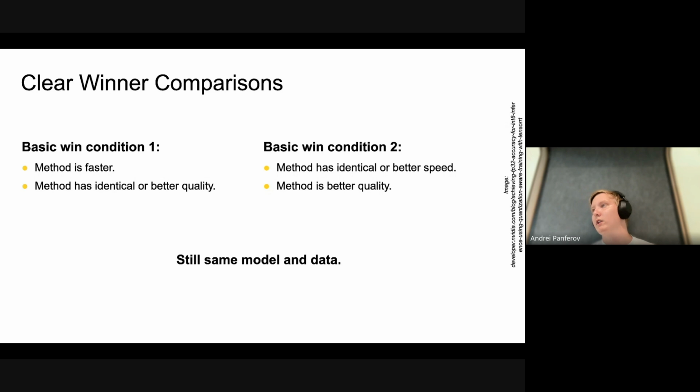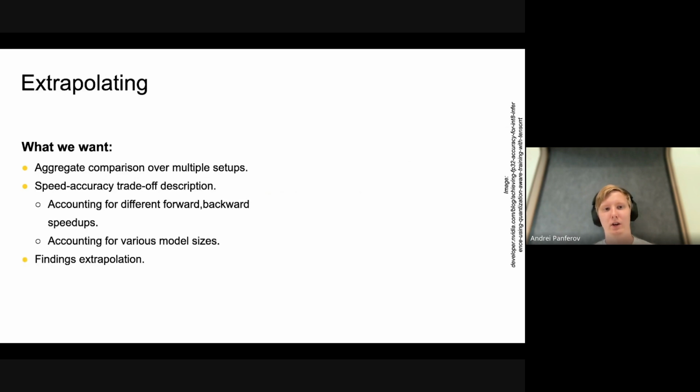And this heavily limits how you can build comparison between methods, because it's very often that different quantization training methods show both different accuracies of the resulting models and different speedups that they can show over some baseline, meaning that there exists a trade-off between speedup and accuracy that cannot be described in terms that these previous works usually use, where they want to show a clear win over the baselines.